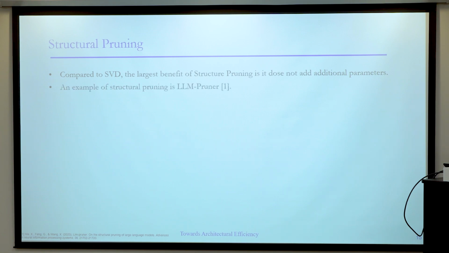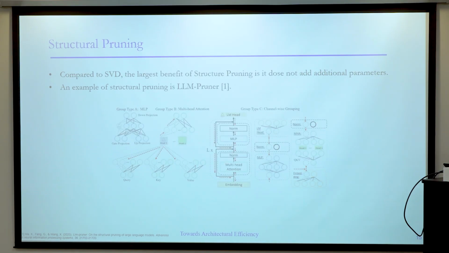An example of structure pruning is LLM-Pruner. Structure pruning just removes whole columns or rows from the original weight matrices, and you also need to respect some connections within the model so that the model can function normally after pruning.